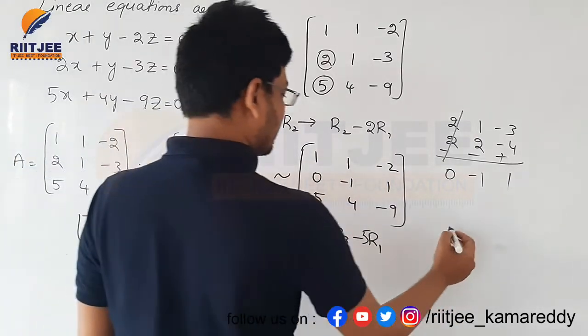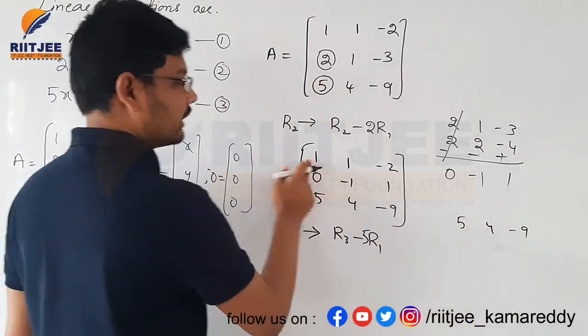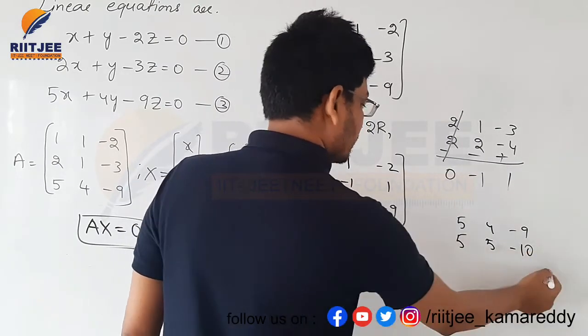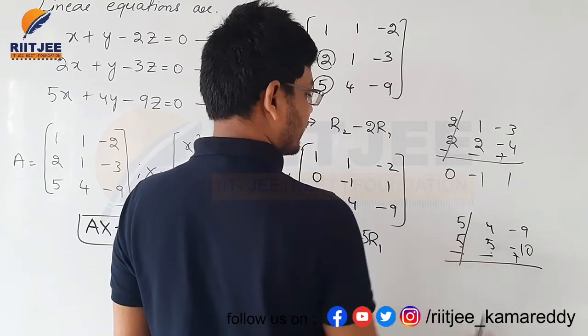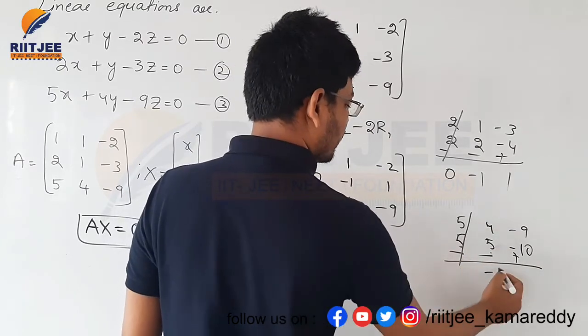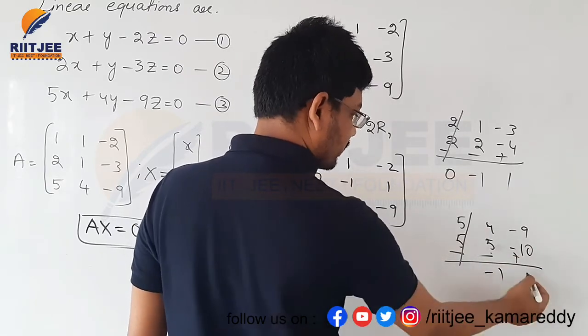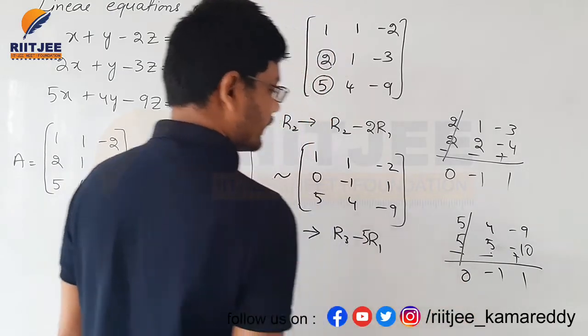Now multiply R1 with 5: 5 5 minus 10. Let's subtract here. 5 minus 5 is 0, 4 minus 5 is minus 1, and minus 9 plus 10 gives plus 1. So 0 minus 1 1.